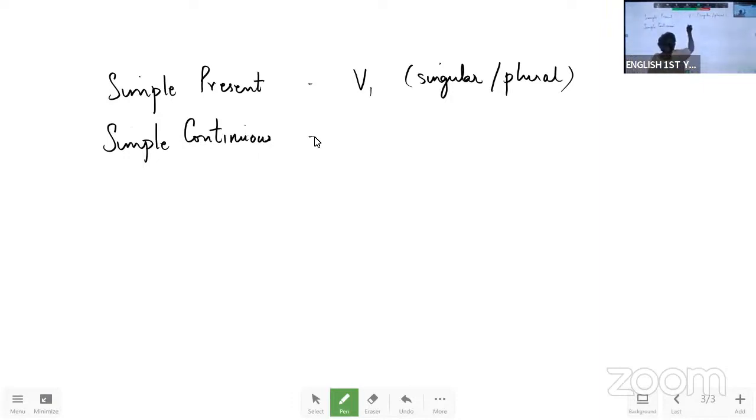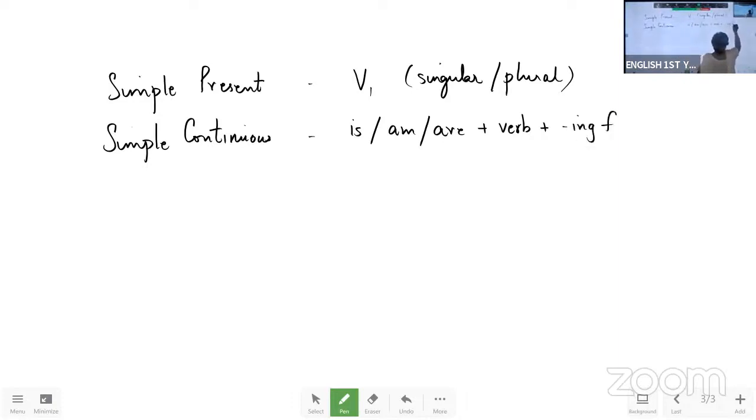Is, am, are, plus verb plus ing form. If I'm not mistaken, once I had explained to you how the word I is unique.